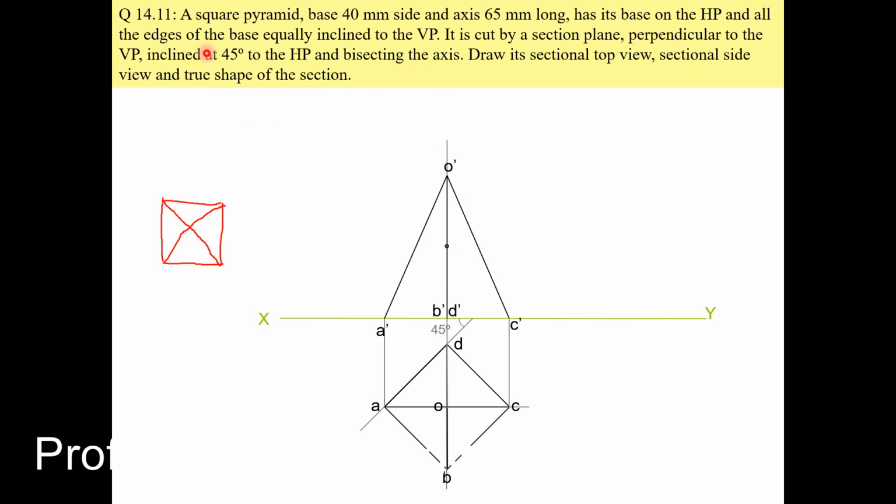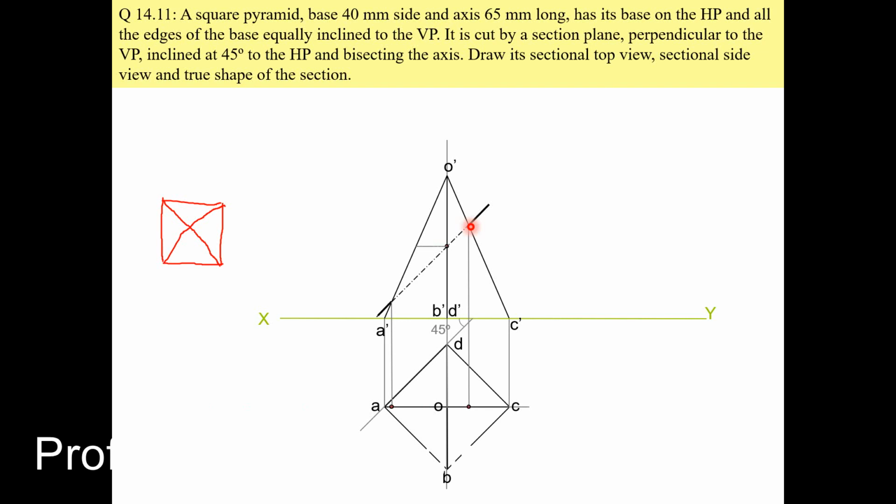So take 32.5 and then draw the 45-degree angle line in this way. Where it cuts here and here, the section plane is cutting the edges. So project those edges downwards.